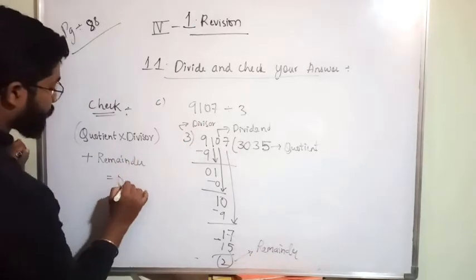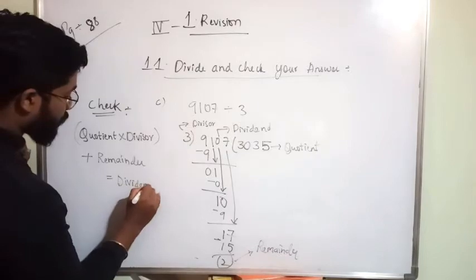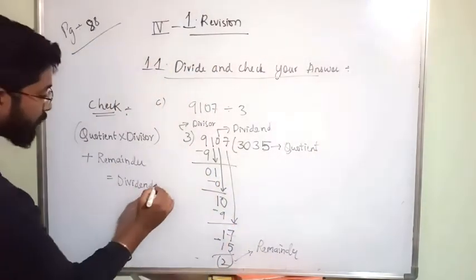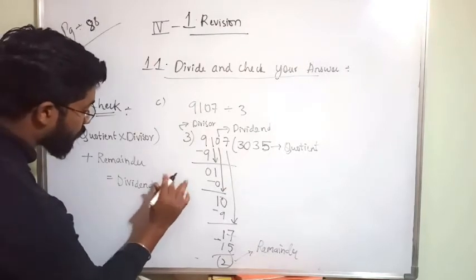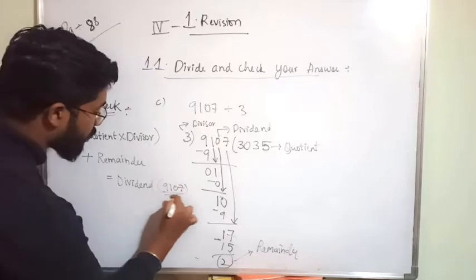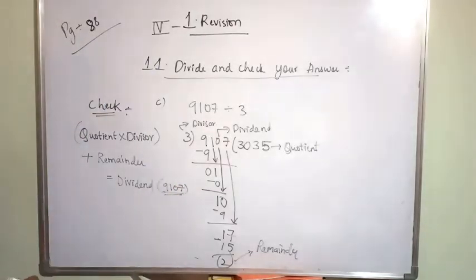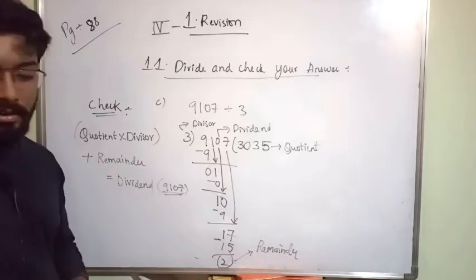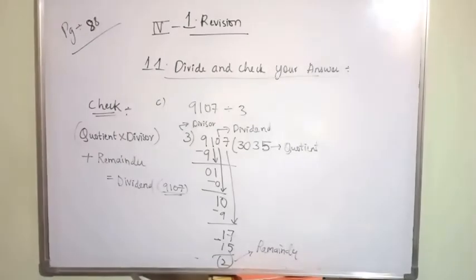Dividend. So what is our dividend? Our dividend is 9107. Let us see whether quotient into divisor plus remainder will be equal to 9107 or not.